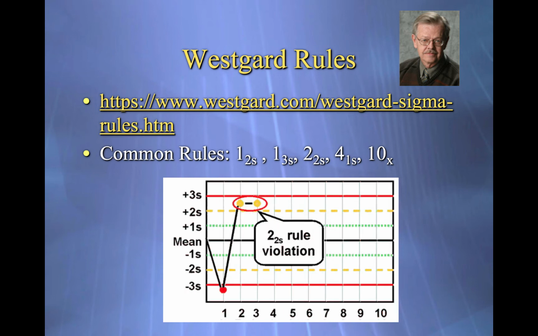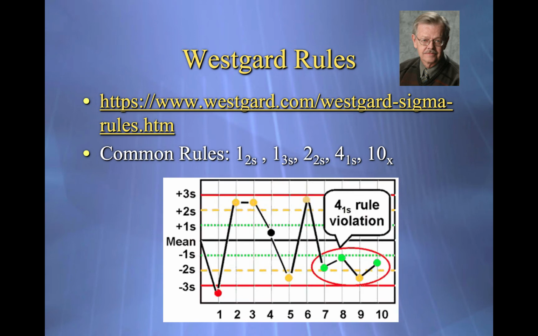Here's a 22S, where I've got 2 values outside of 2 standard deviations, and on the same side. My test may have gotten a bias into it, and so I'm running high. I may still be in control. This may be allowed, or it may be a partial flag for you, but you're going to watch those.